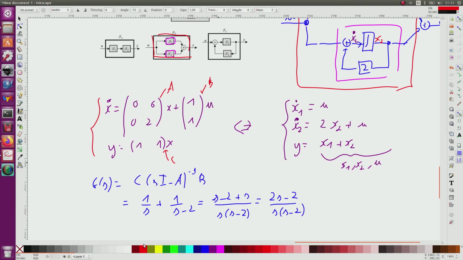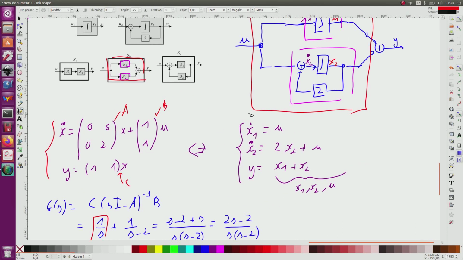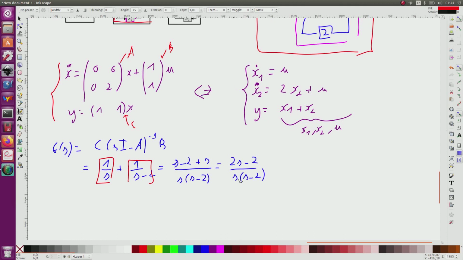I know that the transfer function for this one, for S1, is this. Transfer function for S2 is that. I add them, and I obtain the same result, of course. Again, even if the transfer function is not the same as in the previous question, the characteristic polynomial is still s minus 2.